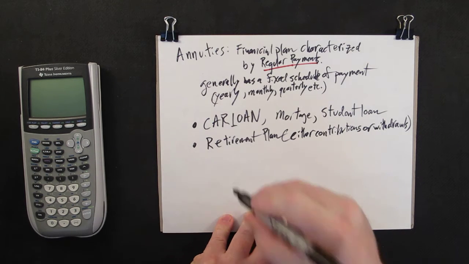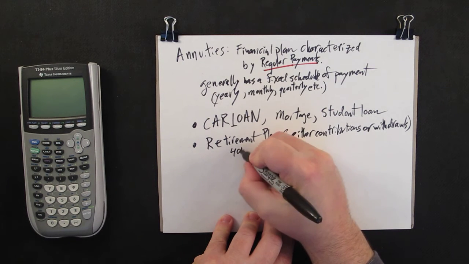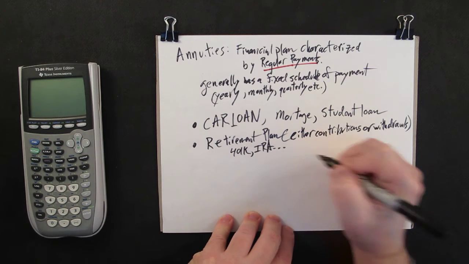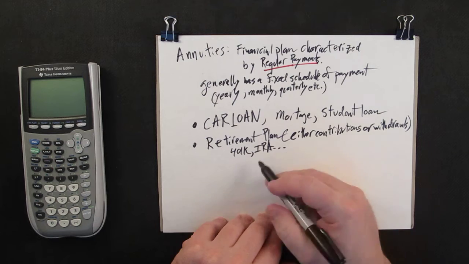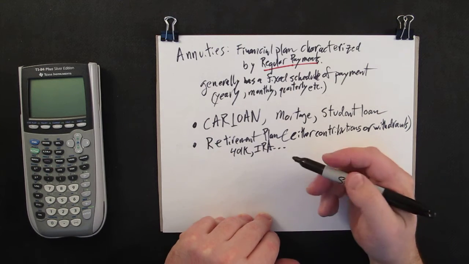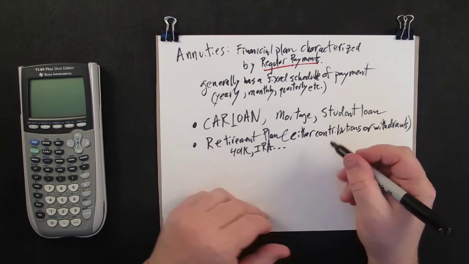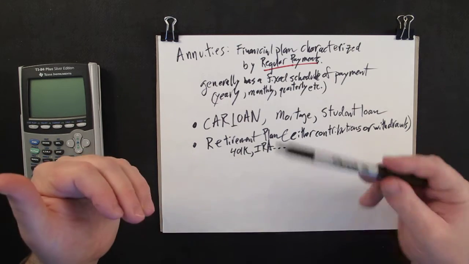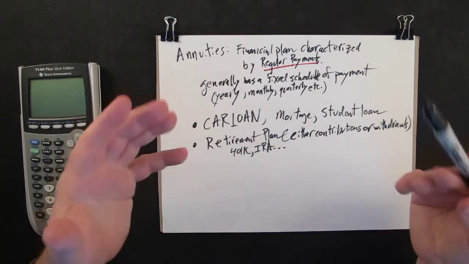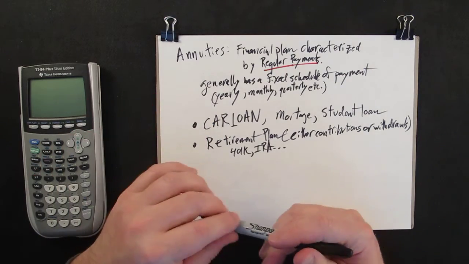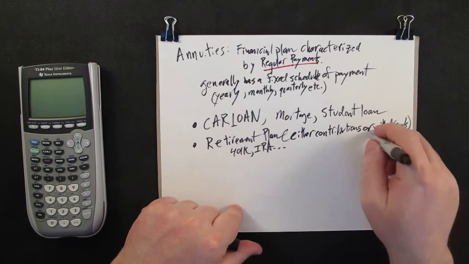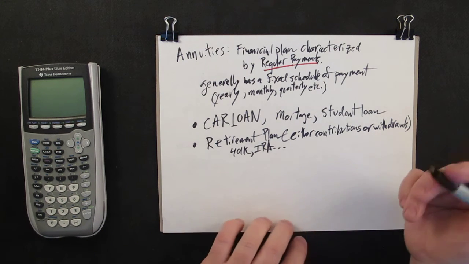And so by retirement plan, we're talking about 401ks, IRAs, all that good stuff, right? Individual retirement account. There's some other ones too, but they generally work the same. The idea is that you work for a while, make regular payments, and you want it to accrue to a large amount, which then you have to spend in retirement. And once you have that large amount to spend and you're retired, you start making withdrawals.